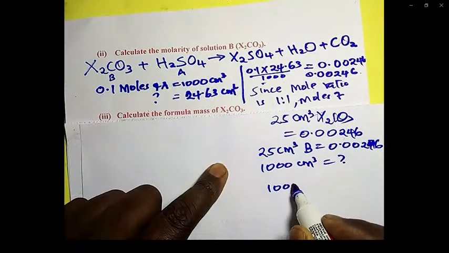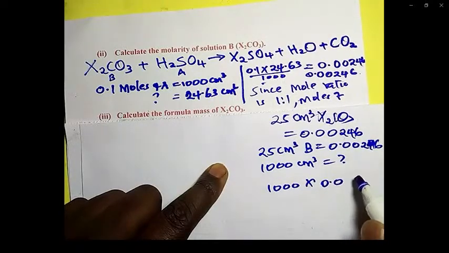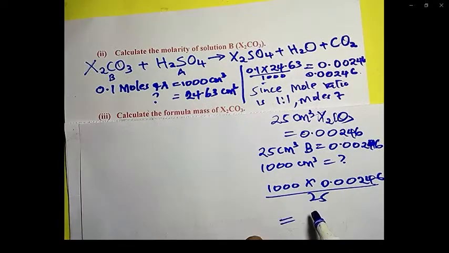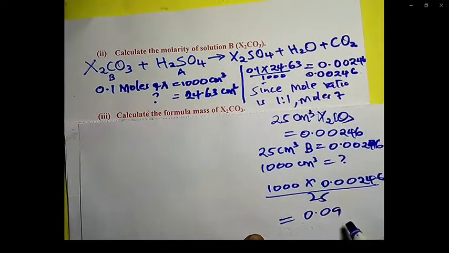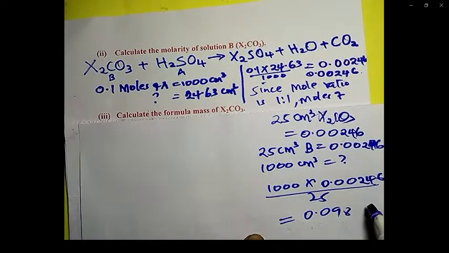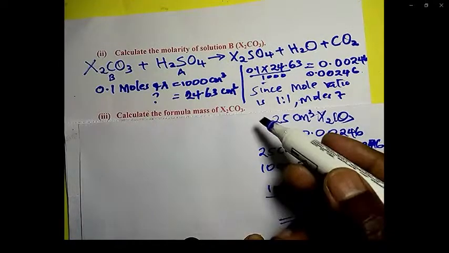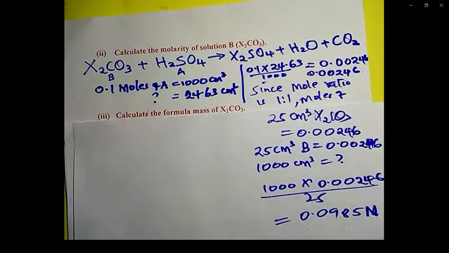So 1000 times 0.00246 divided by 25. This one will give us 0.098 capital M. This is the molarity of the carbonate. Thank you.